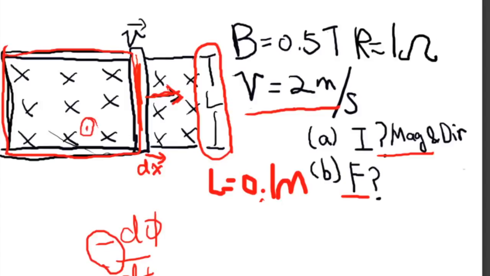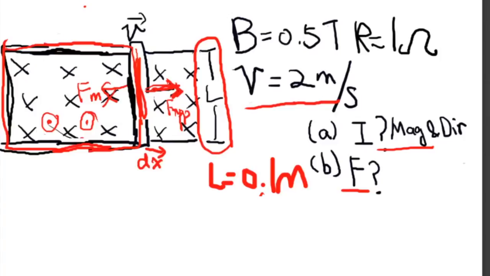Therefore, the current should produce the magnetic field that's pointing out of the page. Since the magnetic field is pointing out, we use the right-hand rule, thumbs up, and here is the direction of the current, which is counterclockwise.